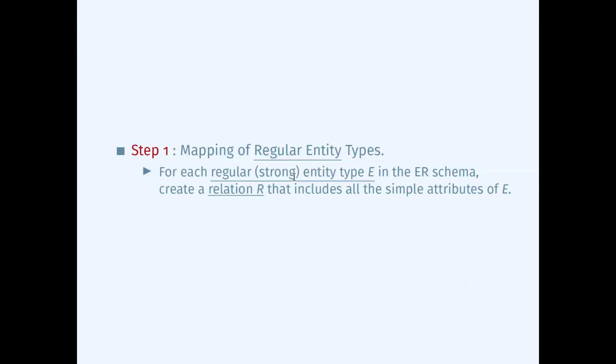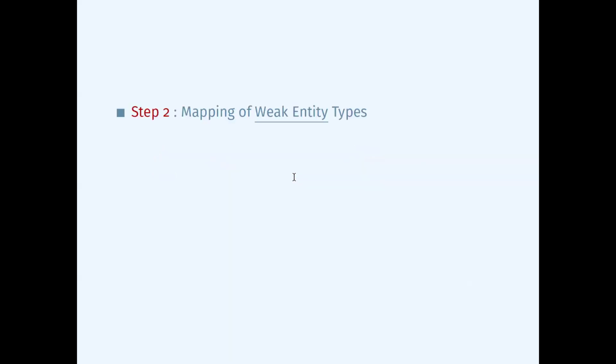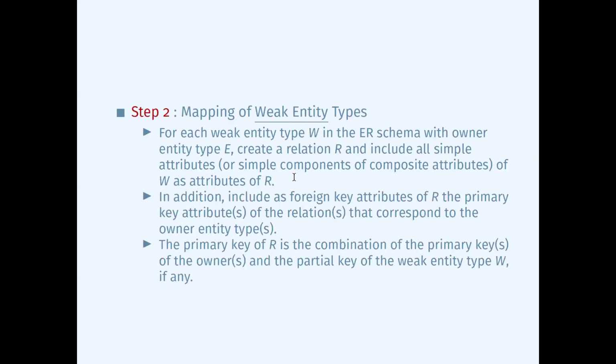Right. Now we discuss how to map weak entity types. Again, similar to the previous, you include all the simple attributes, and then the foreign key attributes from the primary key of the relation of the owner entity type.